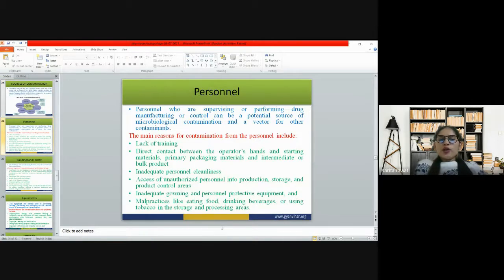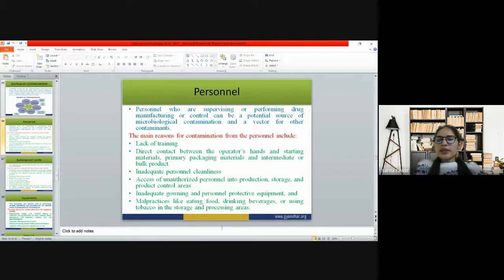Then, when we talk about them one by one, personnel who supervise or perform drug manufacturing or control can be a potential source of microbial contamination and a vector for other contaminants.